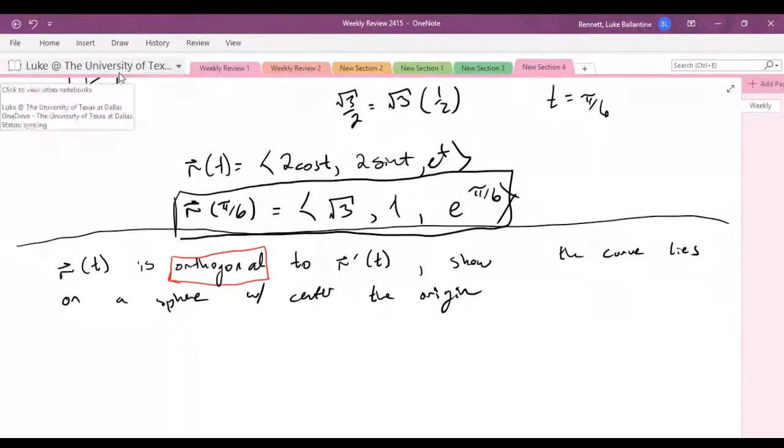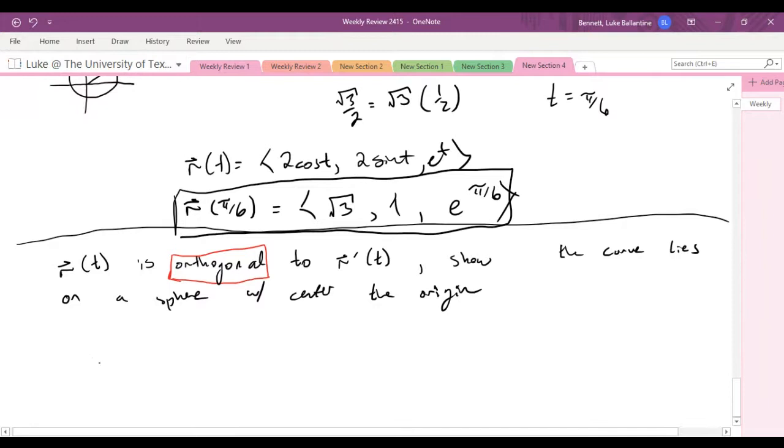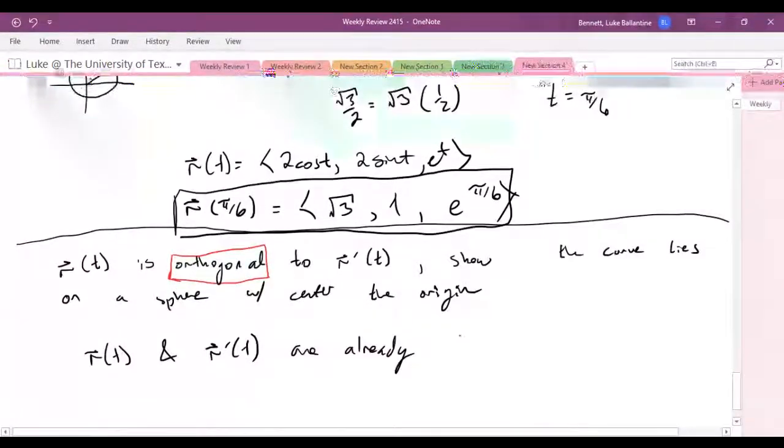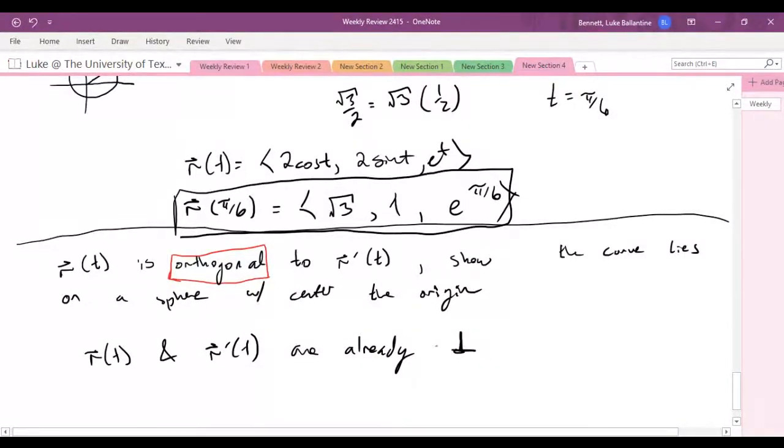Two vectors are orthogonal, cross product. Let's see. Well, okay, so r of t and r prime of t are already orthogonal. So if I took the cross product of these two, I would get a new vector that's orthogonal to both of these.